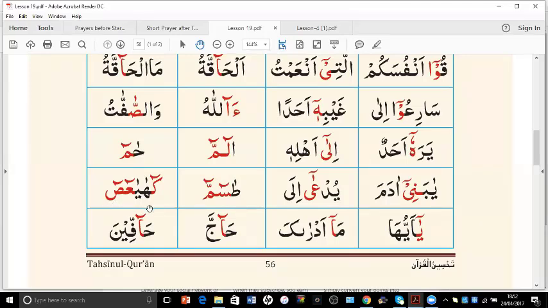Okay, just be careful. This kaf is said as a kaf. It's not just a ka. It's kaf for 4 seconds, ha for 2 seconds, ya for 2 seconds, ain for 4 seconds, sod for 4 seconds. One more time. Kaf, ha, ya, ain, sod.